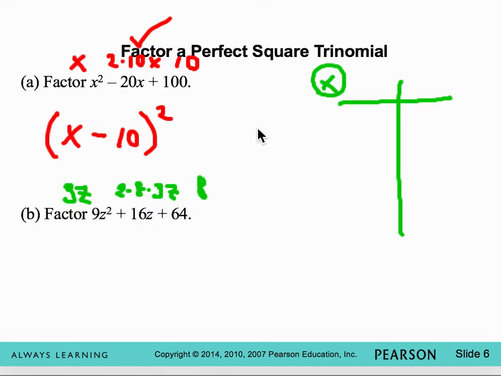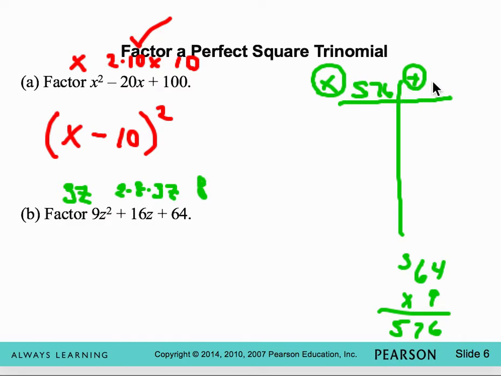Okay, so I need 2 numbers that multiply to give 64 times 9, $576, and add to give 16.